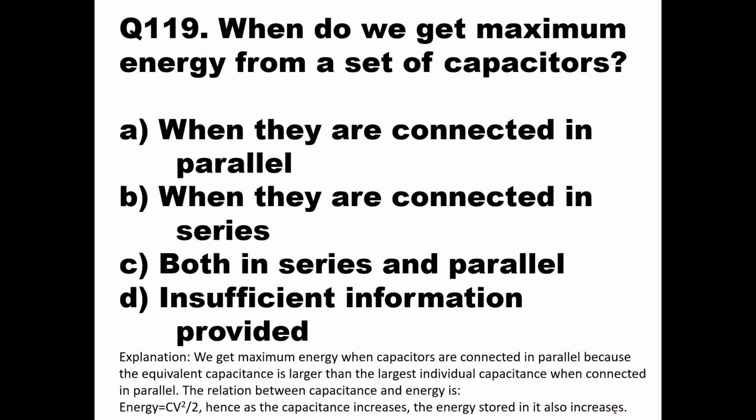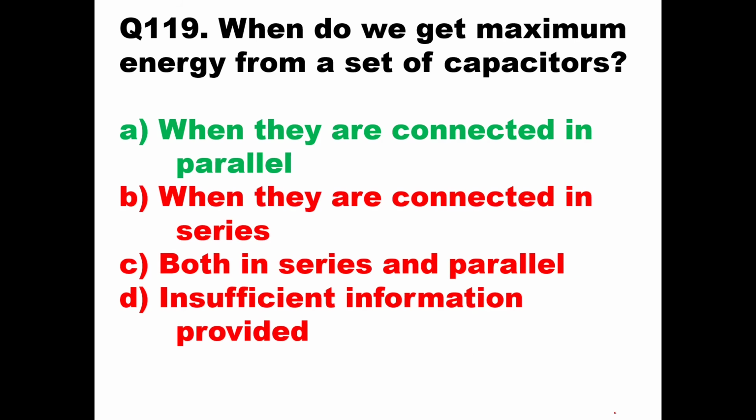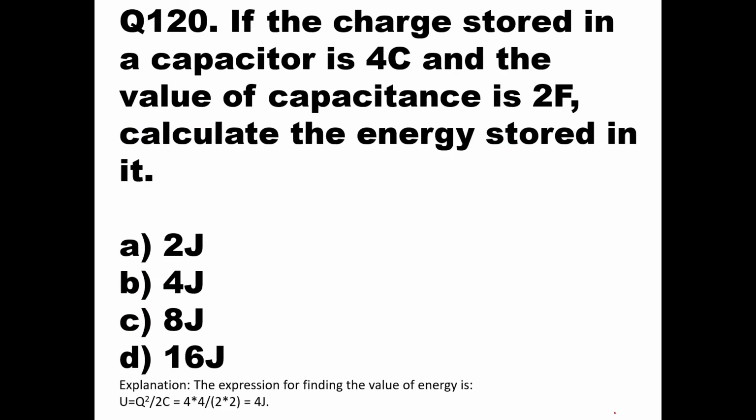That means we get maximum energy when the capacitors are connected in parallel, because the combination of connection for capacitors is opposite of the combination of connection of resistors and inductors. So here option A will be the right answer. We get maximum energy from a set of capacitors when they are connected in parallel. Okay, then we'll go to the next question.